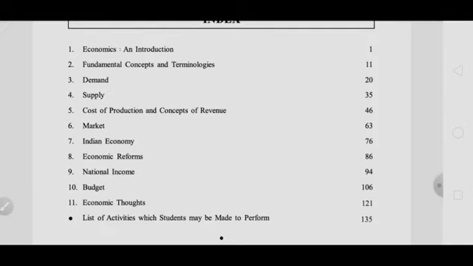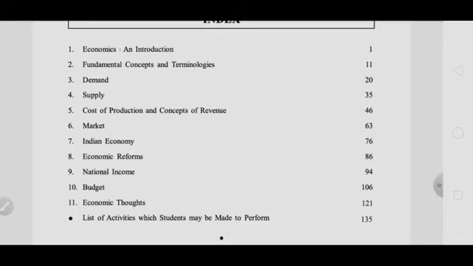Chapter 8 will discuss the economic reforms. In that, first of all, we'll discuss LPG, that is liberalization, privatization and globalization. In chapter 9, we'll discuss some important aspects of national income. Then in chapter 10, we'll discuss the budget and different types of budgets and GST also.